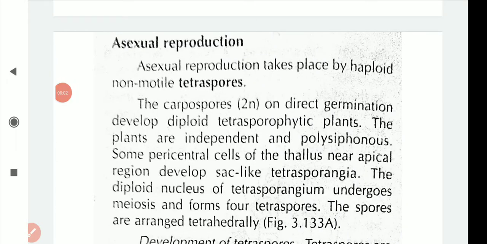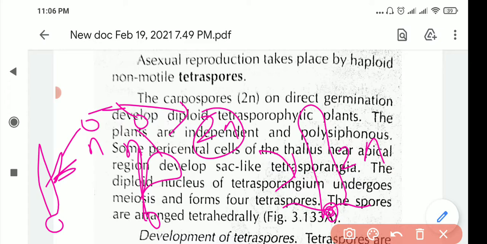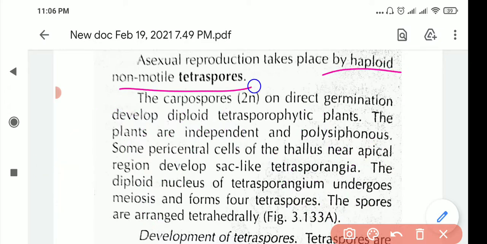So let us see how asexual reproduction occurs in Polysiphonia. Remember, I told you that it occurs through tetraspores. There was that image in that first video. Here it takes place by haploid non-motile tetraspores.